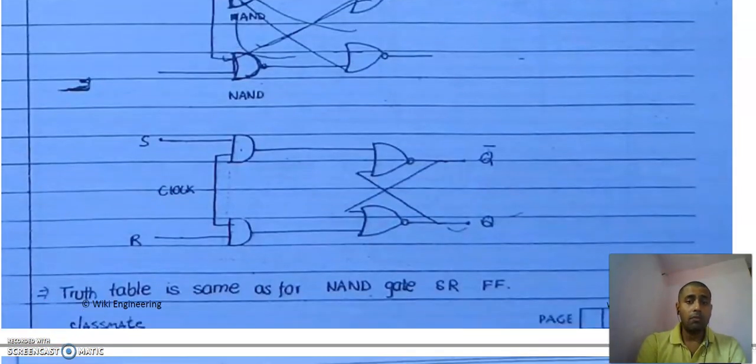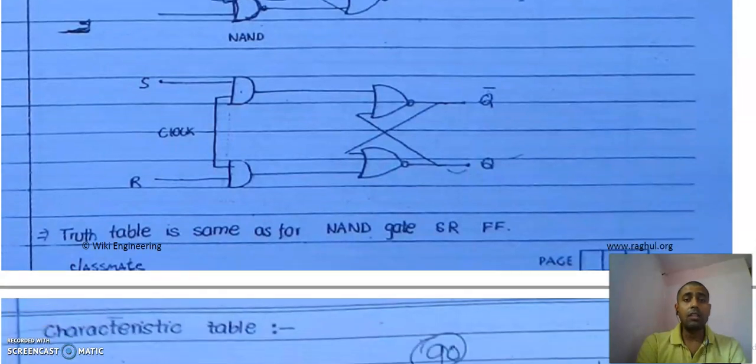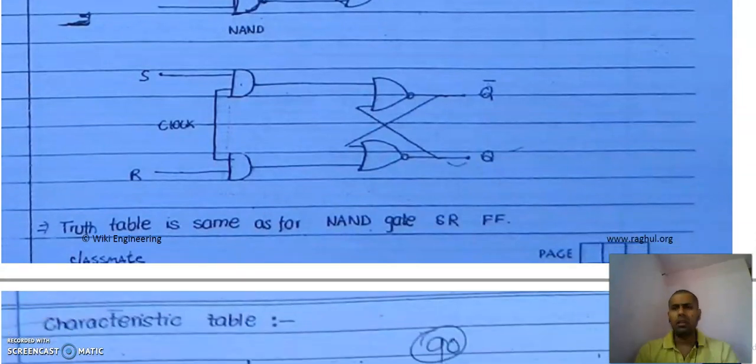Now we will see the SR flip-flop using the NOR gate. Think that in the SR latch using the NOR gate, for S equal to 1 and R equal to 0, we are getting the set, and for SR 0 1, that means R is equal to 1, we are resetting the value. So what we want, we are getting the same, so here no need to invert.